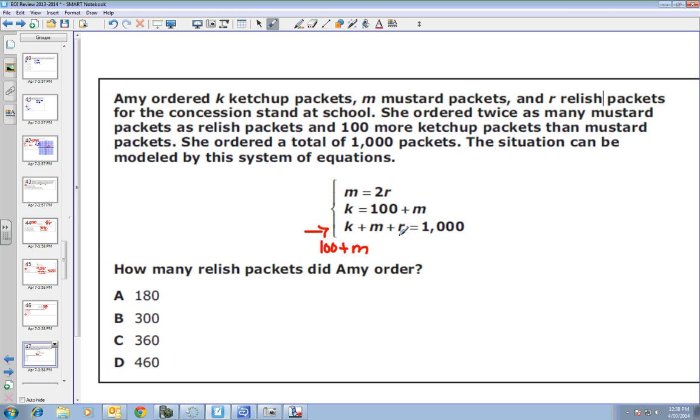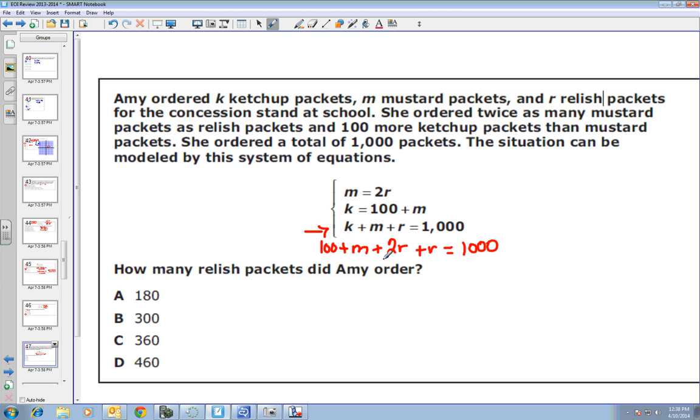So right now I'm just plugging stuff into this one. I know what K is. I know what M is. What is M? 2R plus R equals 1,000.